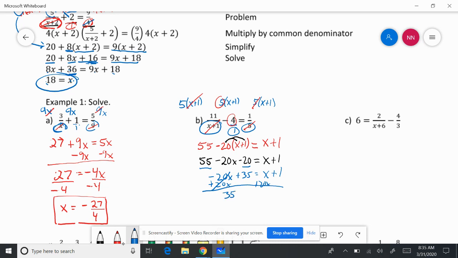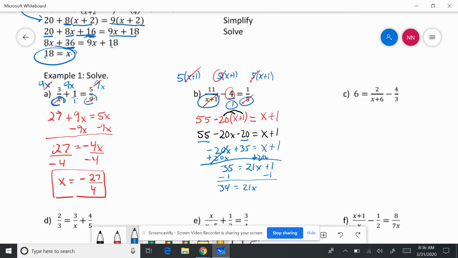So I get 35 equals 21x. Then I'm going to subtract the 1, and I get 34 is equal to 21x. My next step is I'm going to divide by 21. And so my answer is x equals 34 over 21.